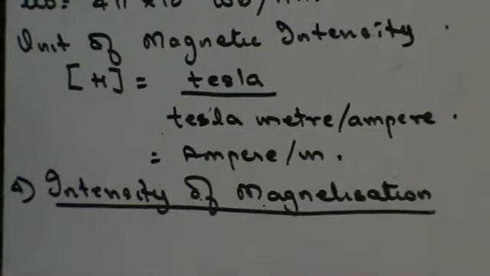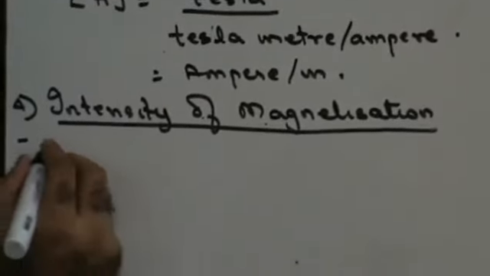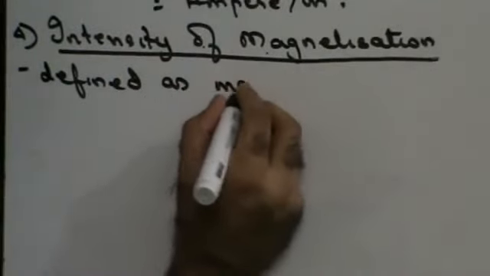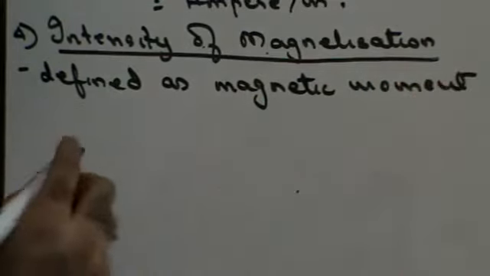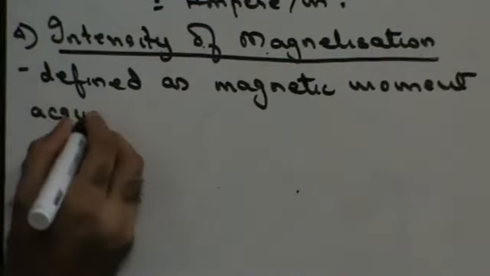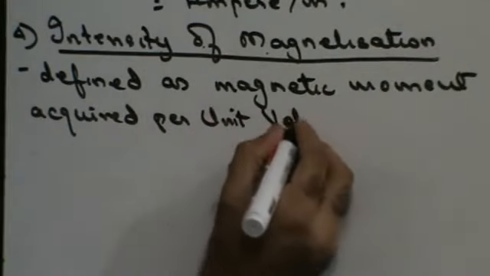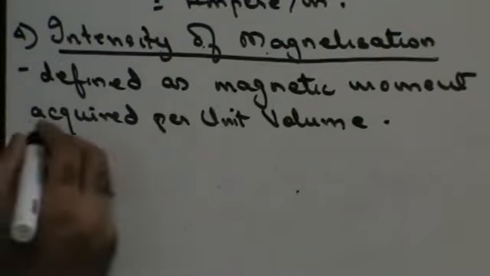Intensity of magnetization is defined as the magnetic moment acquired per unit volume of a specimen when the specimen is kept in a magnetic field.